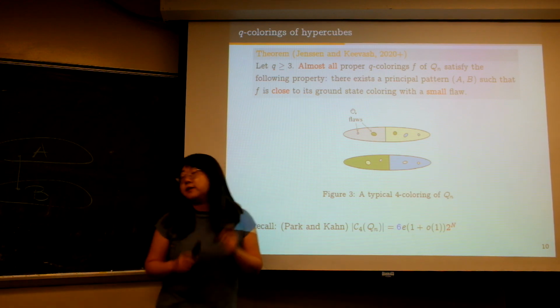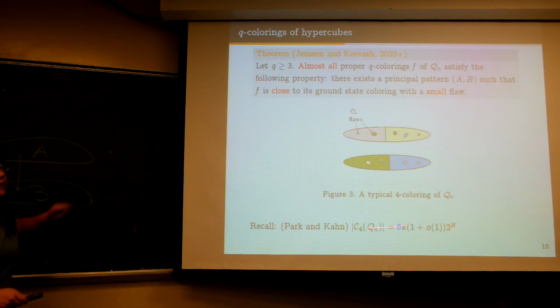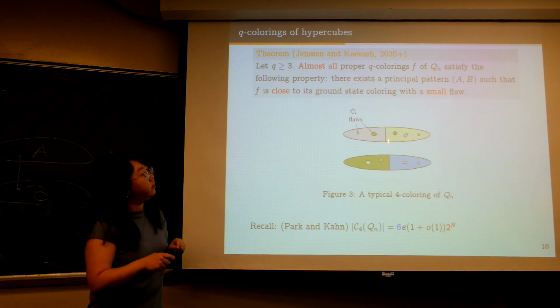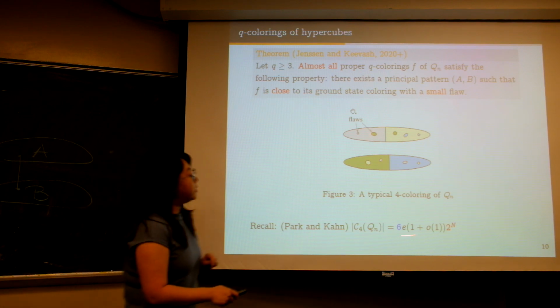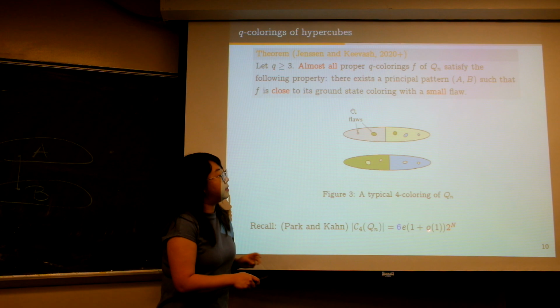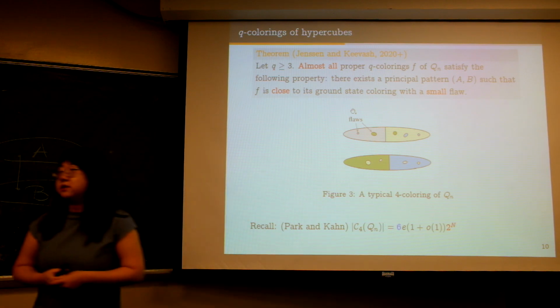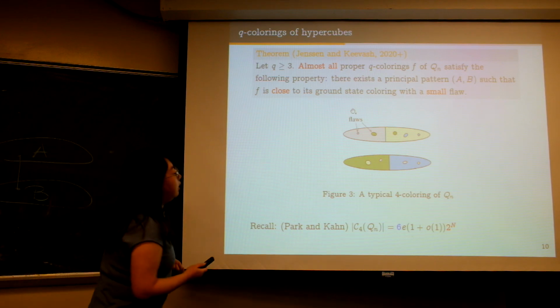Once you fix a principal pattern, the number of ground state colorings is exactly 2 to the n, because for each vertex you can only choose from its ground state colors. And the rest of the term, e times 1 plus little o(1), comes from the small perturbation from the ground state. So that's the behavior.